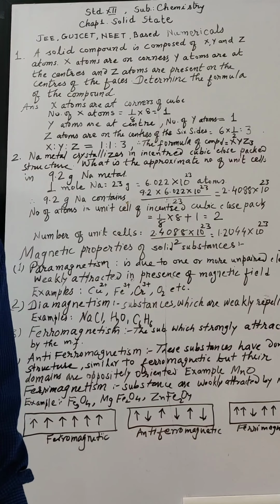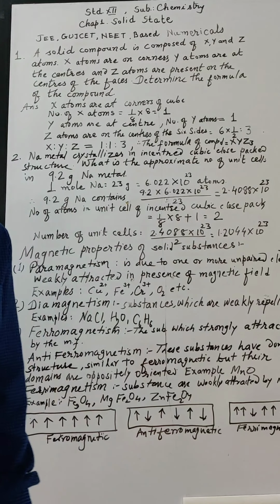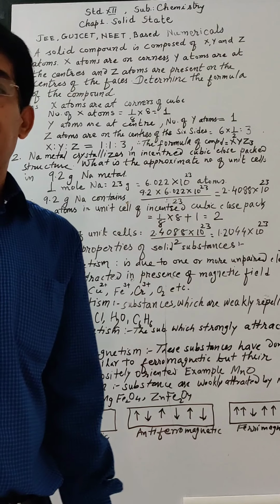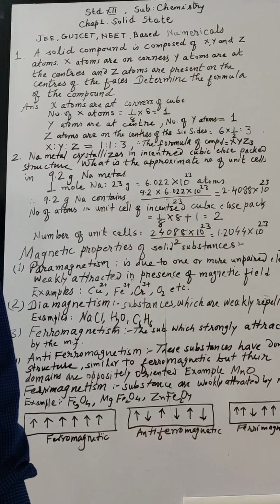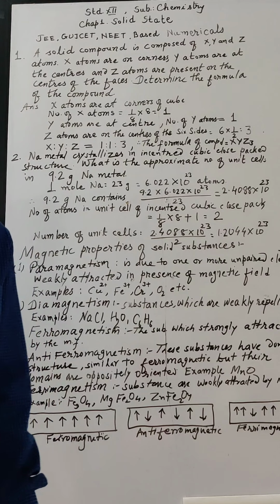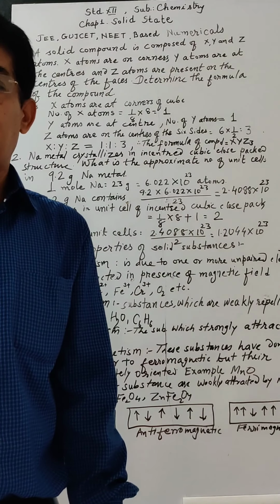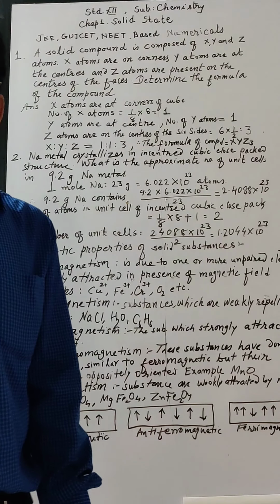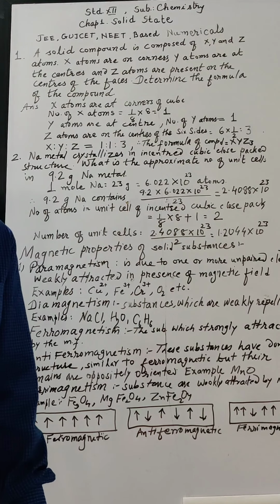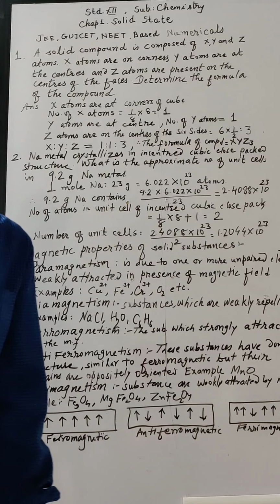difference between crystal and amorphous substance, unit cells, types of unit cells, types of centered unit cell, packing efficiency in simple cubic lattice, which is 52.36%, efficiency in body centered unit cell, which is 68%, and packing efficiency in hexagonal, which is 74%.